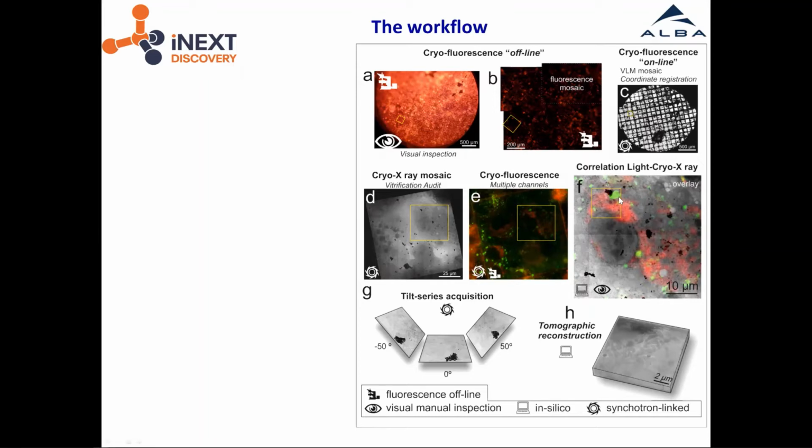So because this field of view is smaller, you use these fluorescent markers to realize which are the regions of interest that you need to image. And then after that, you will collect your tomogram from -70 to 70 degrees.